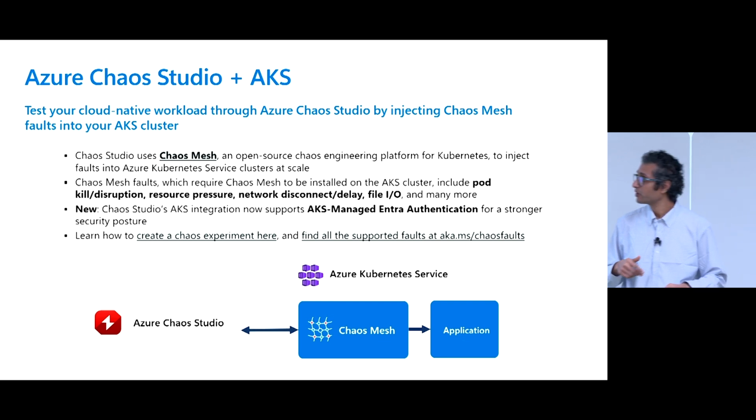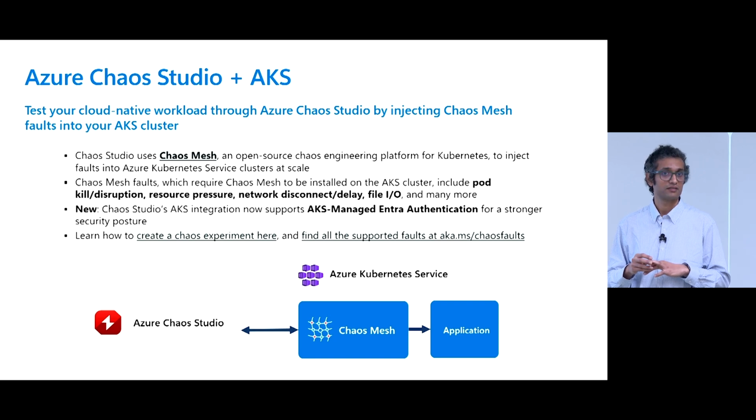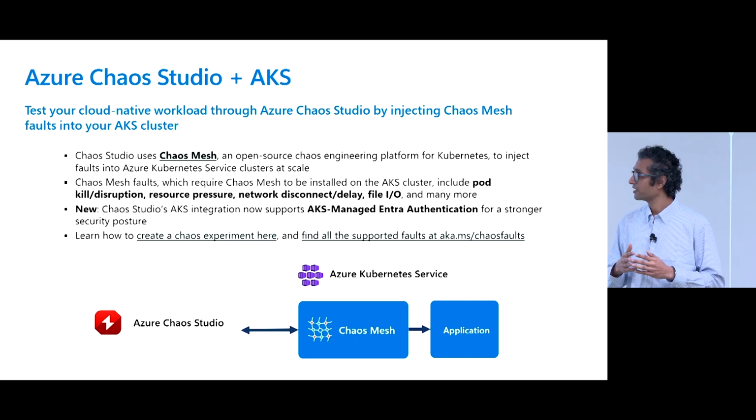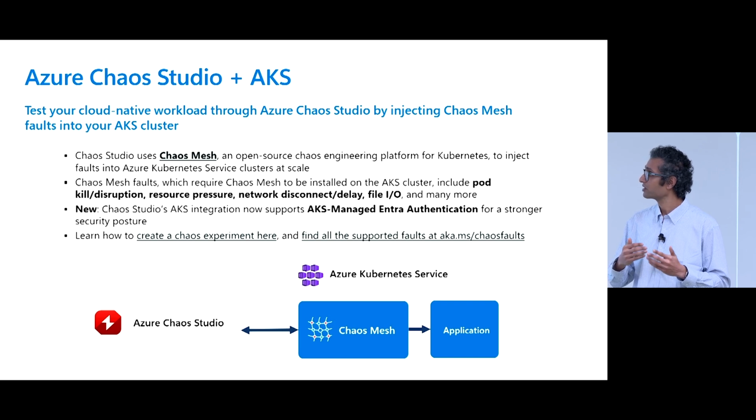How many of you have actually used Chaos Mesh and Chaos Studio? Okay, I see one hand up. It's something that we definitely recommend for fault tolerance testing. Azure Chaos Studio uses the open source offering Chaos Mesh.